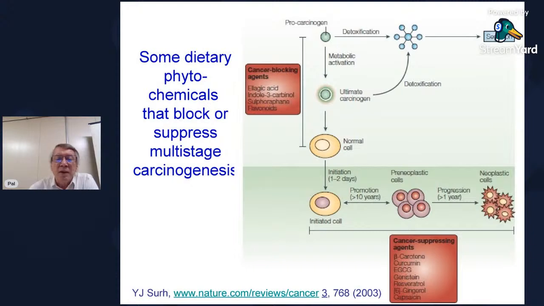As for the cancer-suppressing agents, carotenoids should be mentioned, among them beta-carotene, I think the best known. However, we can also list genistein, resveratrol, and capsaicin, just to mention the most important and most frequently eaten dietary phytochemicals.